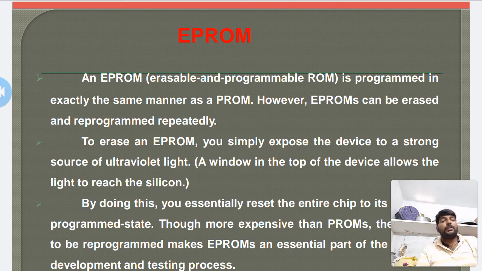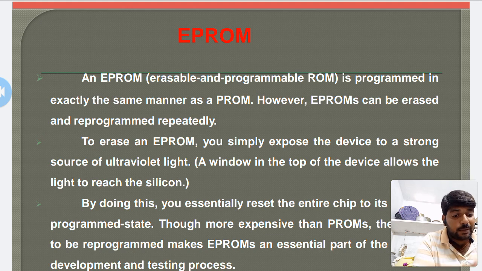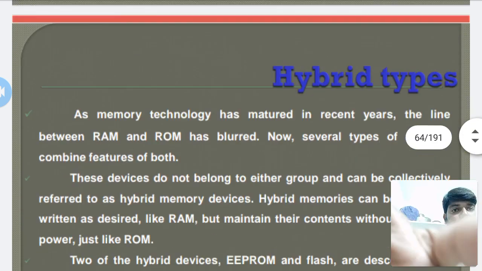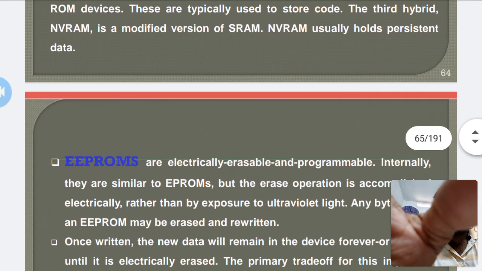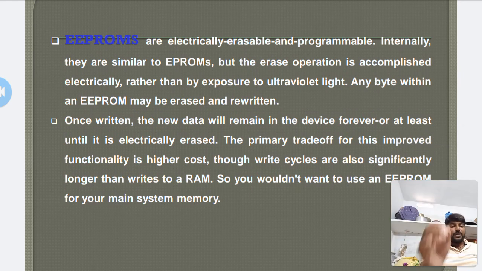In the programmable read-only memory, logic 1 is always stored in the fuses, and that is erased in the erasable programmable read-only memory with the quartz crystal window technique. Coming to the next one, EEPROM, that is electrically erasable programmable read-only memory.